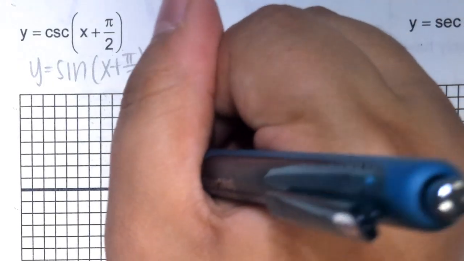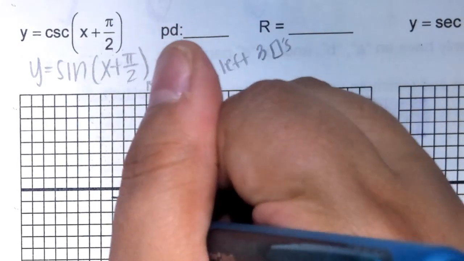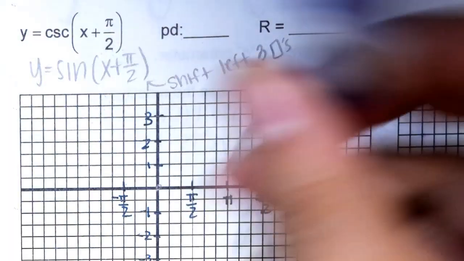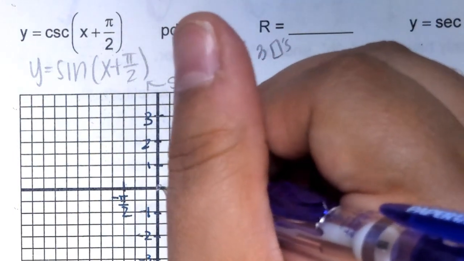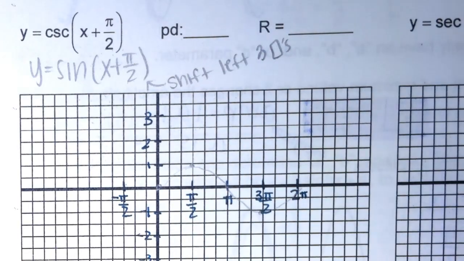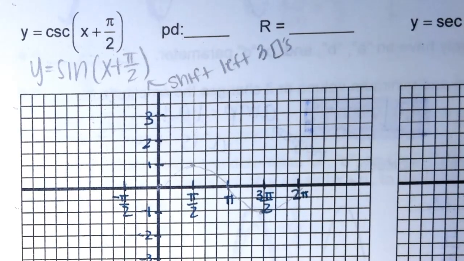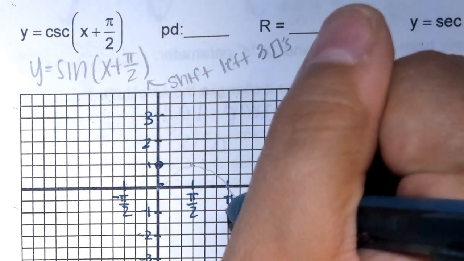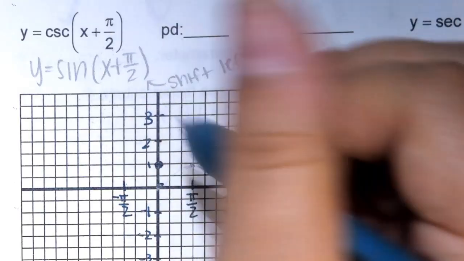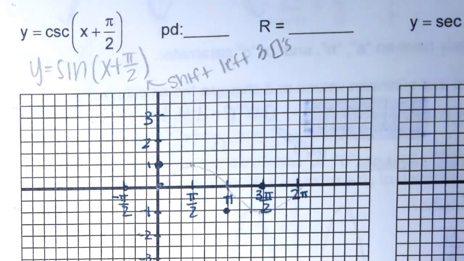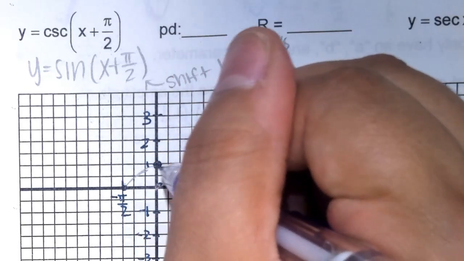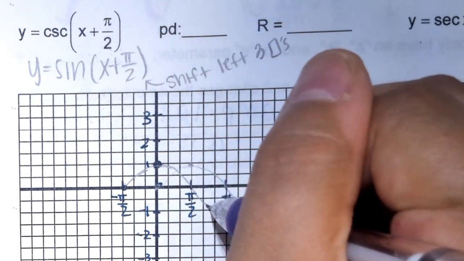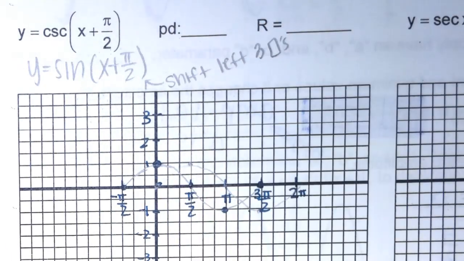Oh, gotta do the y-axis. So I did the parent function, and now I'm going to move each point left 3 squares. There's no b here, so my period is still 2 pi.